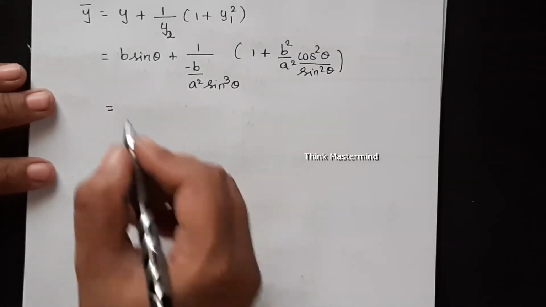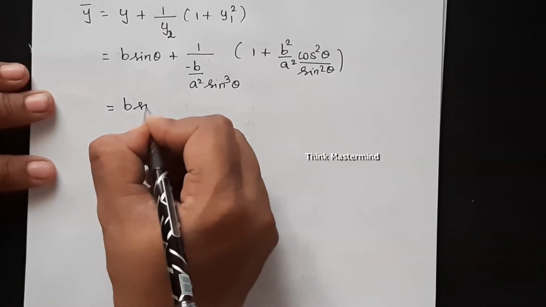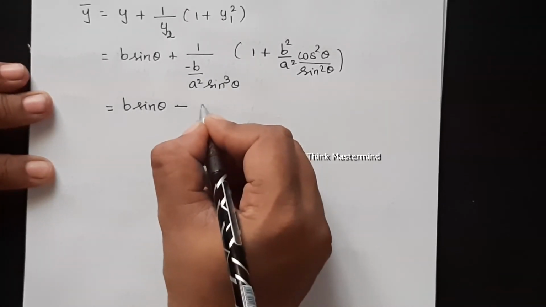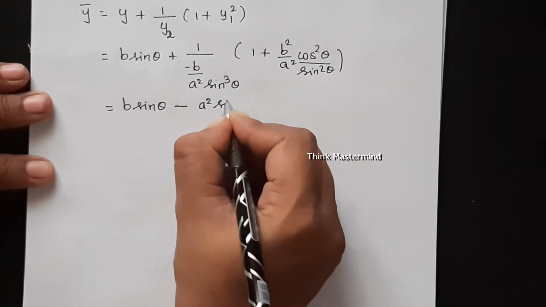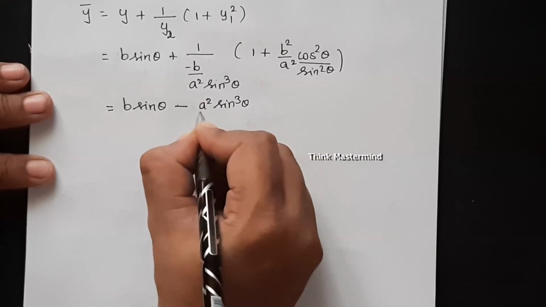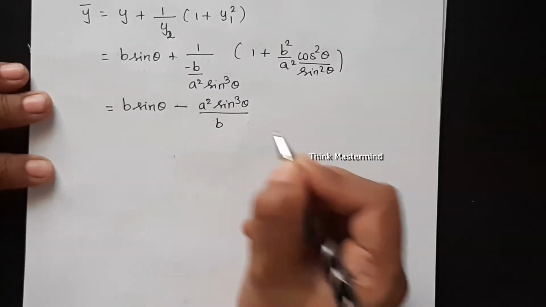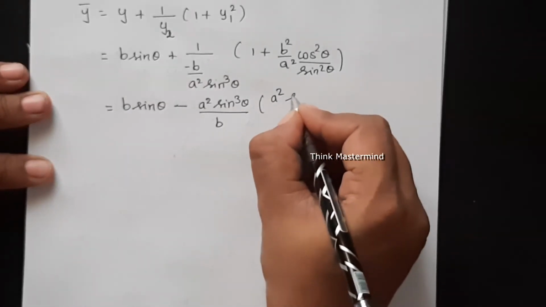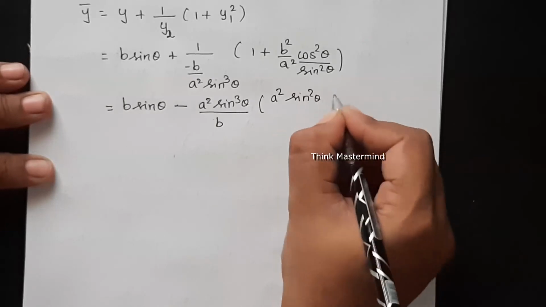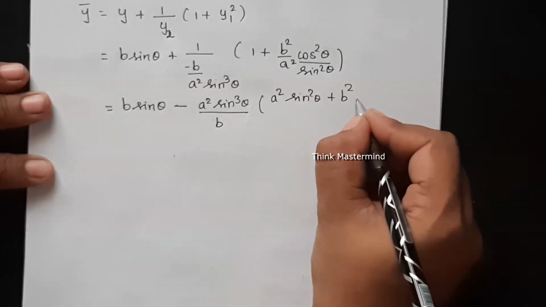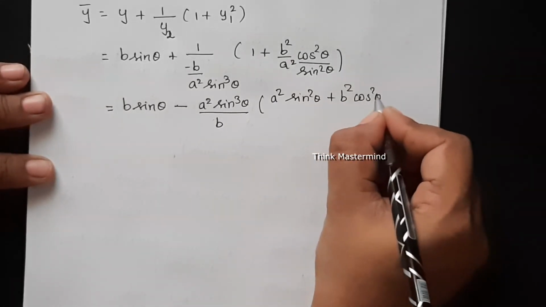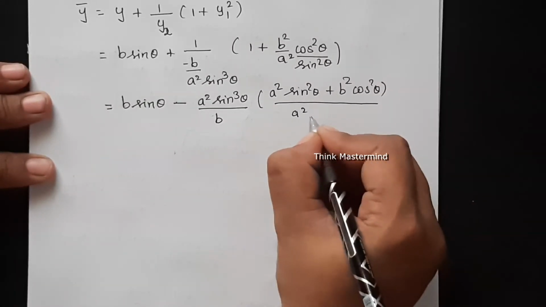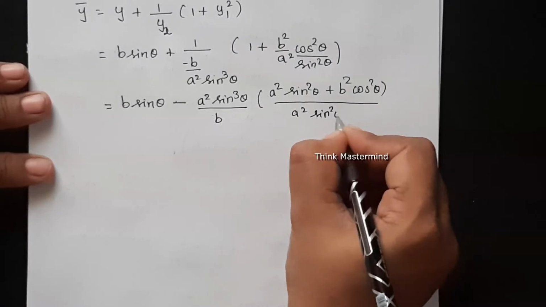Now you are simplifying this. B sin theta minus a squared sin cube theta divided by b into, taking the LCM, (a squared sin squared theta plus b squared cos squared theta) divided by a squared sin squared theta.